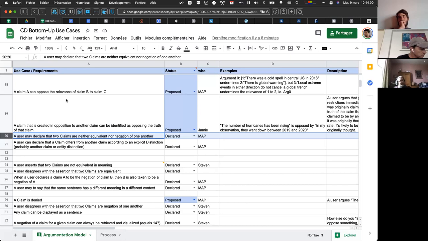But what I'm saying is declaring the non-equivalence of the two claims can be part of an argument. And I agree at that point, it becomes a relevance argument. I agree with that, but what structure is that? To me, that's a claim. You're making a claim that those two things are different. Yeah. And it can be used as part of a relevance argument.